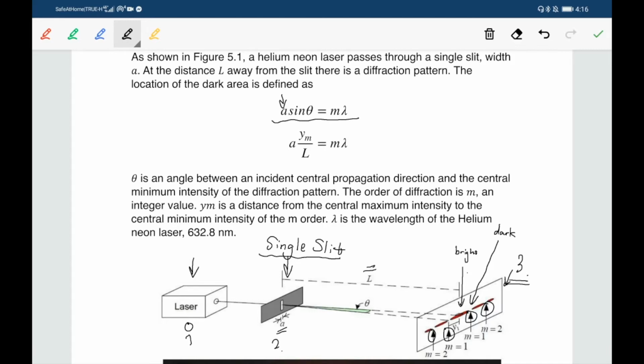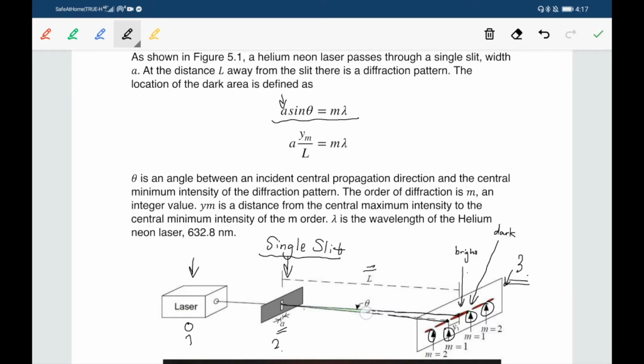Then sine theta, where theta is the angle between two lines: one from the single slit to the center of the brightest central fringe, and another from the single slit to exactly the dark fringe we want.